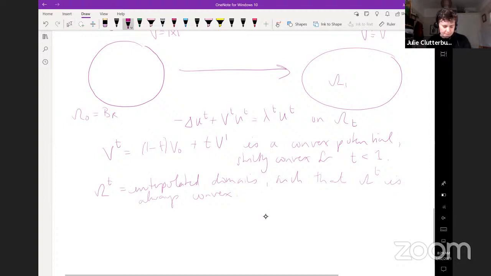Okay, and now there's something that's kind of a fact: solutions to this problem with the parameter are really strongly continuous. Let's call this one blue star.